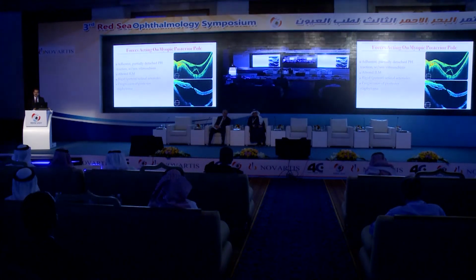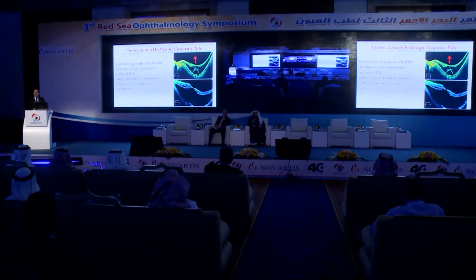The retinal vessels are taut or rigid, as described previously in the Japanese literature, and there is progression of the posterior staphyloma. So the first three factors lead to traction on the soft part of the retina toward the central part of the vitreous, and the last factor leads to traction on the retina in the opposite direction, backward.